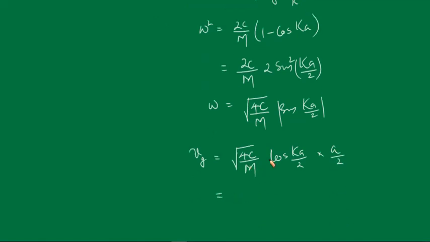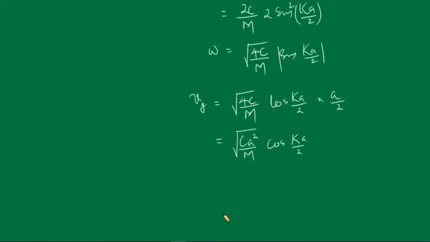So the 4 inside the root and the 2 get cancelled, the a goes inside, and we can write this as root of c a square by m cos ka by 2. So this is the general expression for the group velocity in the case of vibrations in monoatomic crystals.